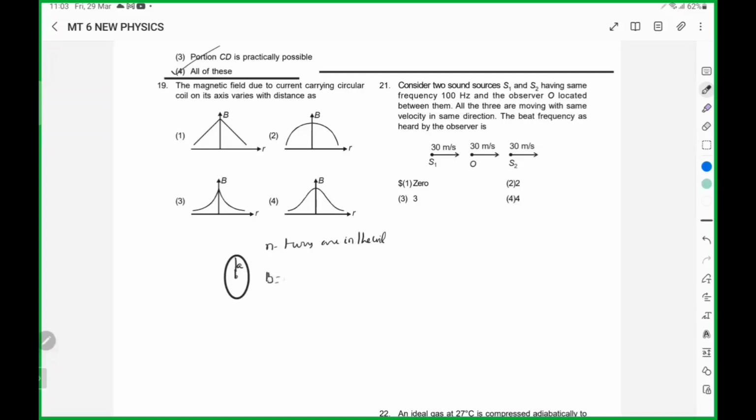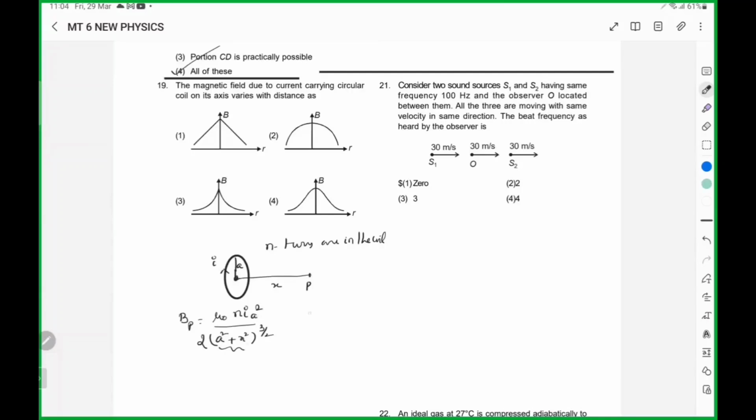Then we have a derived formula for the magnetic field at a distance x from the center of the coil, where current I passes through it: B equals mu naught N I a squared by 2 times (a squared plus x squared) to the power 3 by 2.